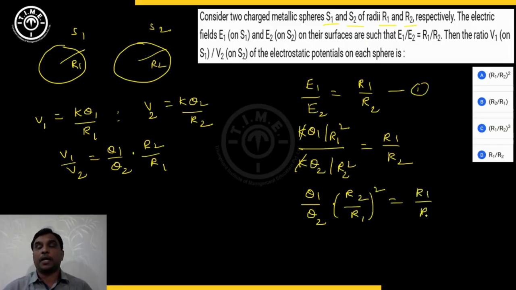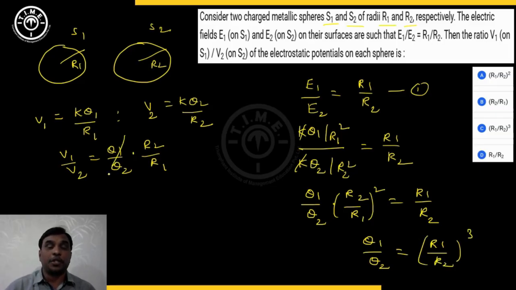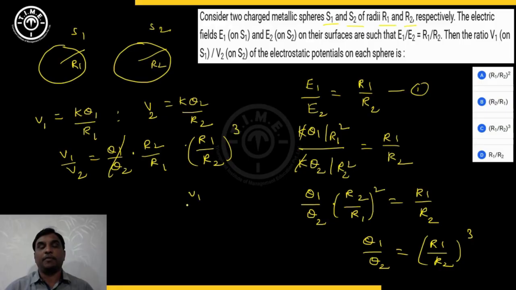From here I can write Q1 by Q2 is equal to R1 by R2 whole cube. If I substitute this value here, Q1 by Q2 is R1 by R2 whole cube. Then simply you can write V1 by V2: see, this R2 goes with the 2 in the denominator as R2 square, and this R1 cancels with the R1 in the numerator, leaving R1 square.